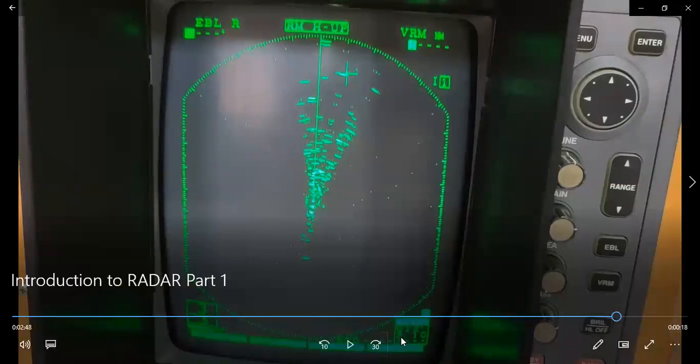Like it is showing here, 3.1 kilometer away at an angle of 12 degrees.